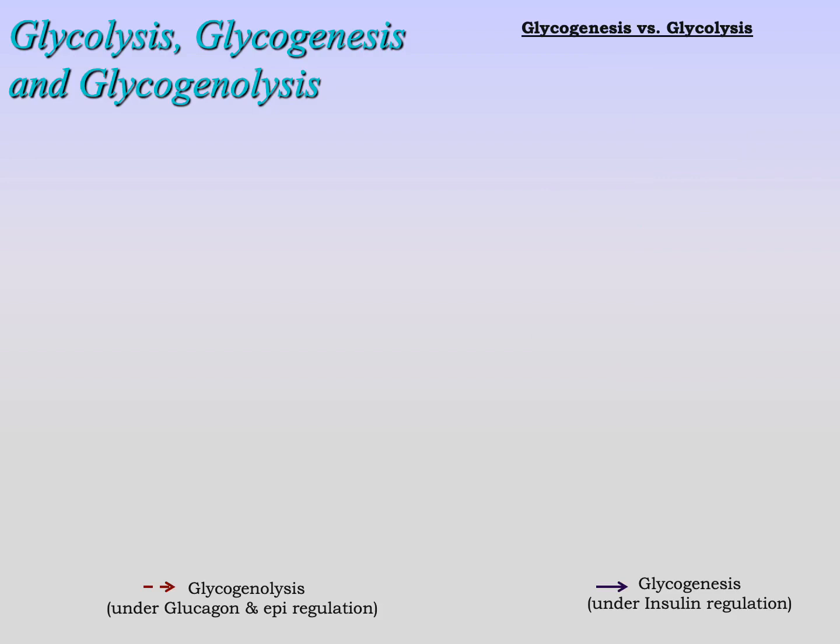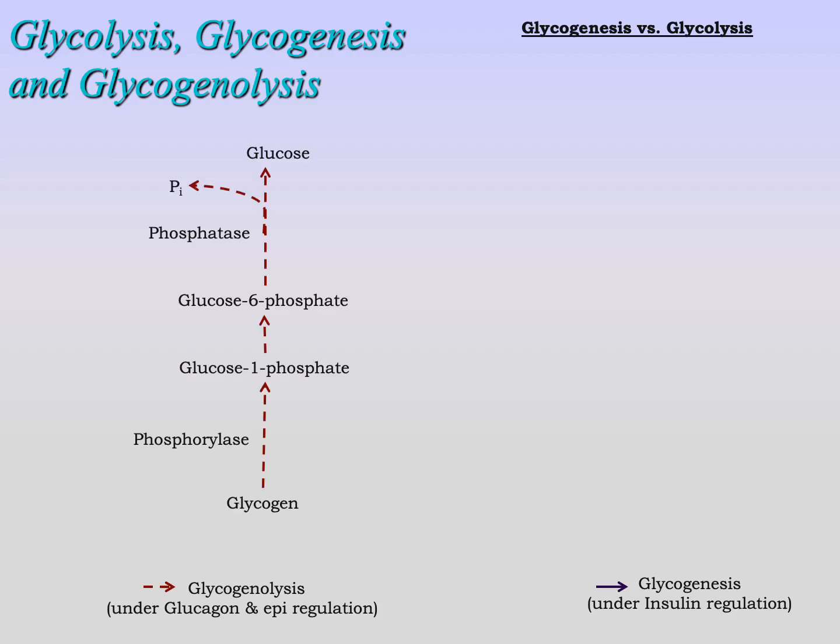So the other way of looking at what's going on is what happens if we have glycogen, but we need to get back to glucose. And so once again, we have all of the intermediates, but now we're going to be changing where we're going. And so we start off with glycogen. Glycogen is going to interact with what's referred to as phosphorylase, and this is going to split one of the terminal glucoses off of the glycogen at one of the alpha bonds by sticking a phosphate onto it, forming glucose 1-phosphate.